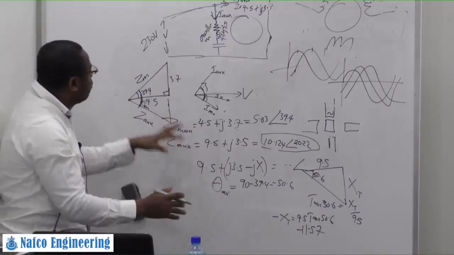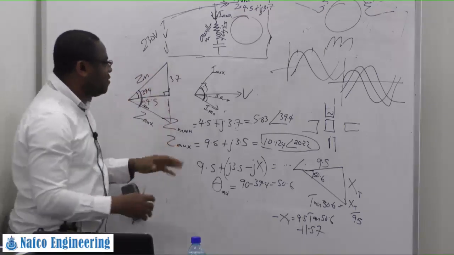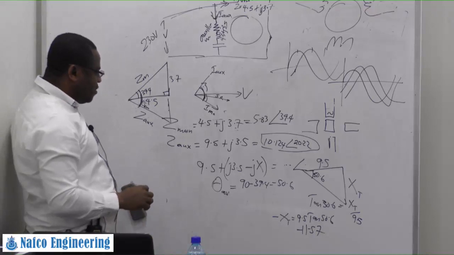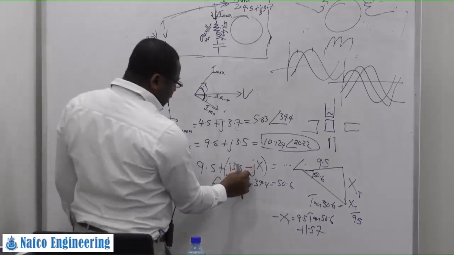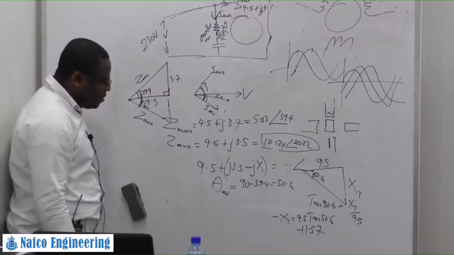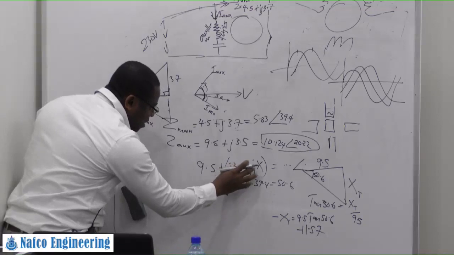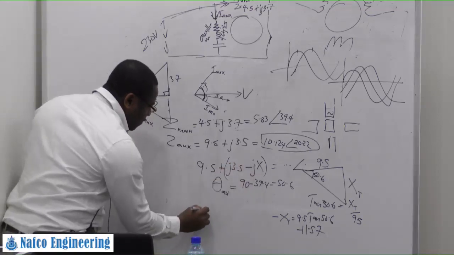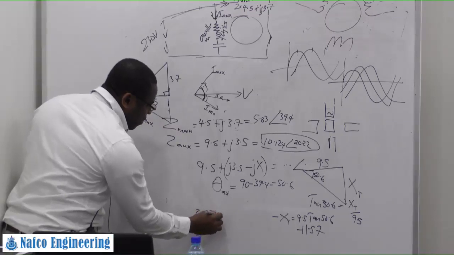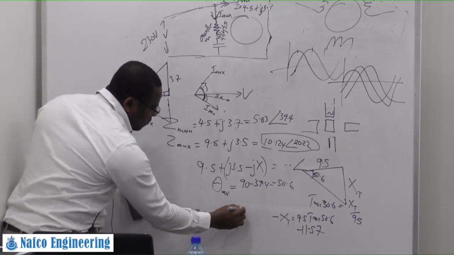Because the total thing, we want for this to have a phase angle of 90. One was inductive, one was capacitive. So that means the whole of this must be equal to that, right? So 3.5 minus X of the capacitor we are bringing in must give you minus 11.57.